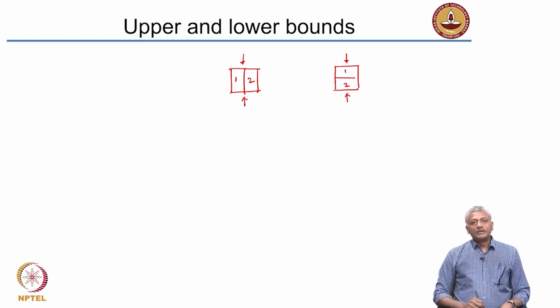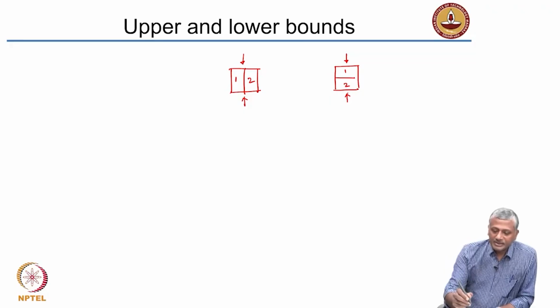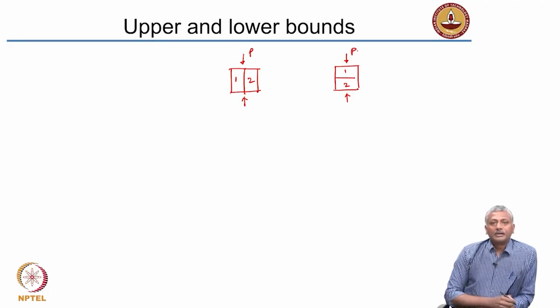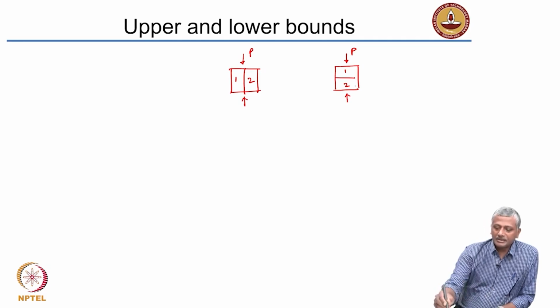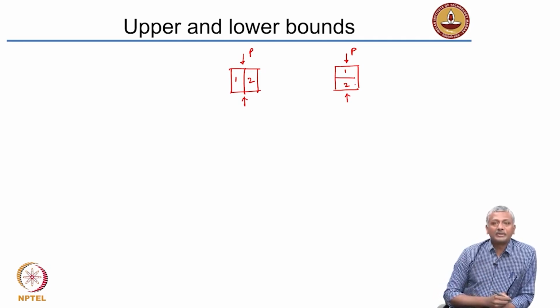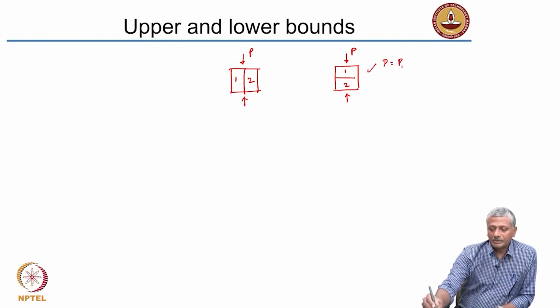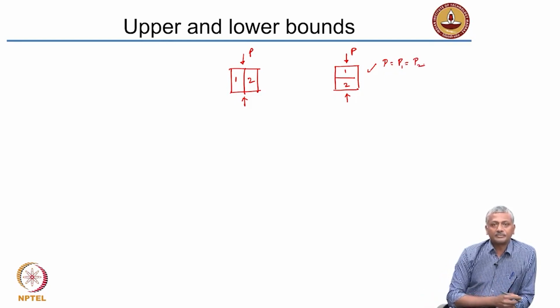Okay. So, now what do we do here? In this first case, if P is the load that is applied, how is that load going to be taken by the phases 1 and 2? And here in this case, what is going to happen to that load? We know that in the second case, this load P is equal to the load in phase 1 and that is equal to the load taken by phase 2.